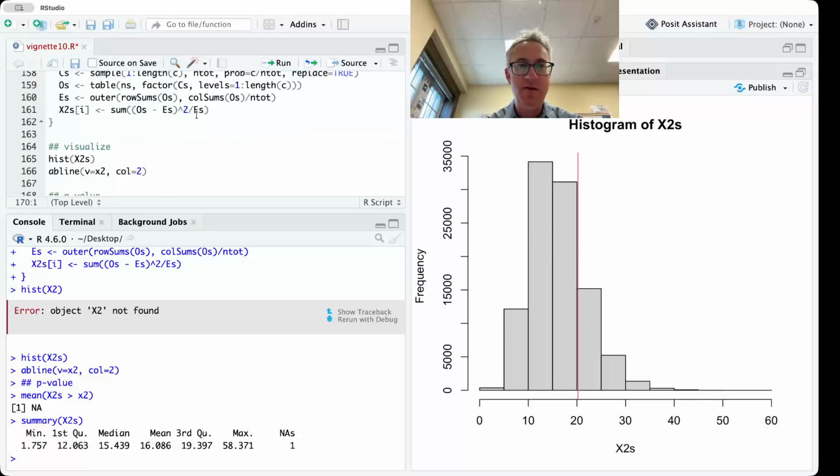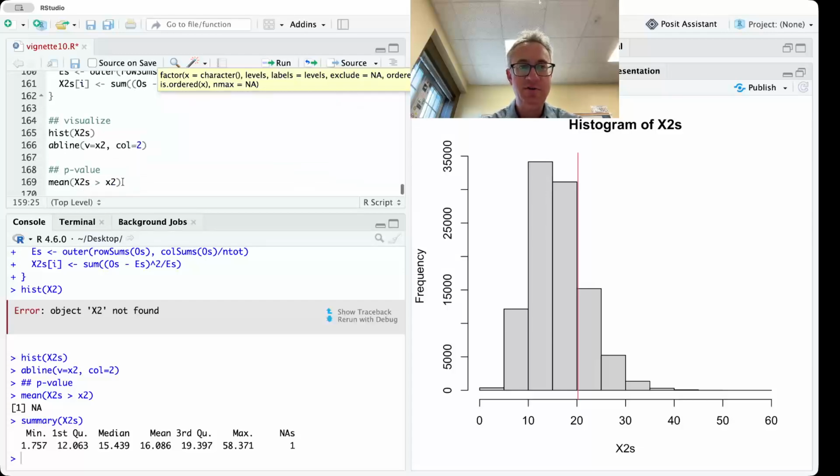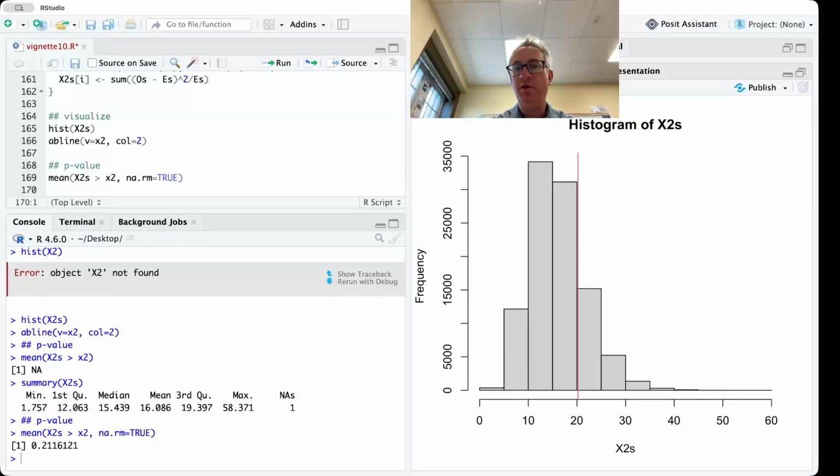That can happen if you end up with an expectation that is infinite, which can happen when your outer product involves a combination that doesn't have all of the levels of a factor. So you can just say na.rm equals true, and then it will ignore that 1 over 0 that happened in the denominator of the expectation.